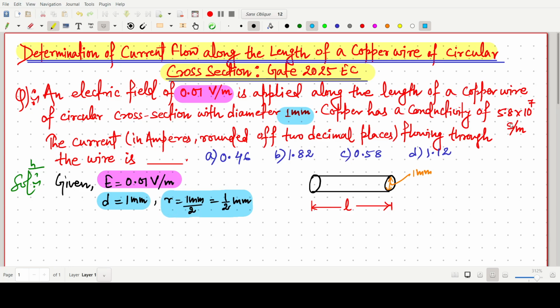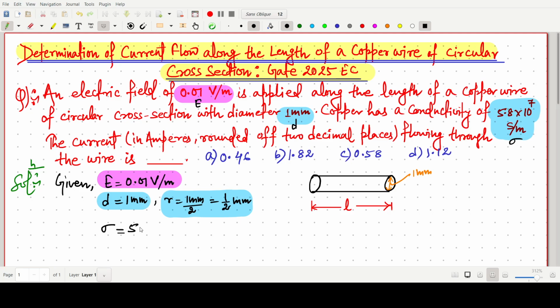And the conductivity value is given as 5.8 into 10 to power 7 Siemens per meter. So that we have to write first. Conductivity is generally represented by the term sigma. This one is our electric field E, this one is our diameter D, and this one is our conductivity sigma.